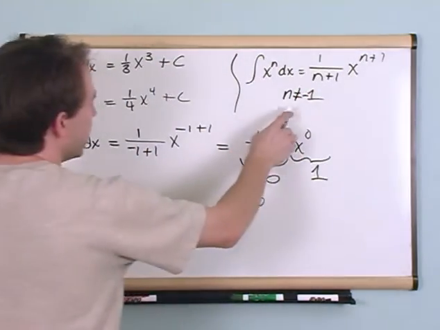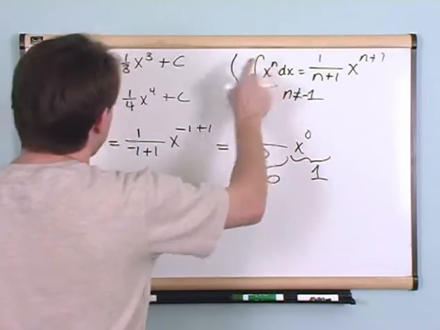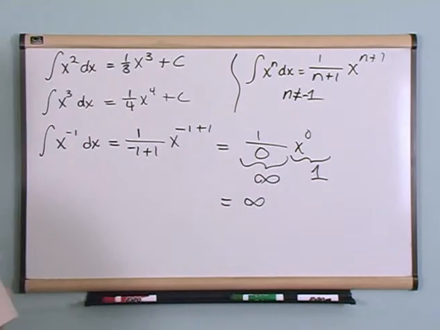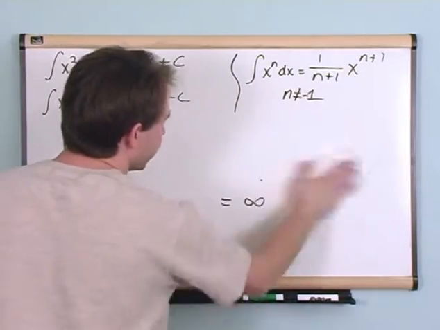This is precisely why. You can't do this integral when you have a minus 1 up here, because if you try to apply it, you're just going to get some nonsense answer. And this is definitely not true. So you can't do that. What you need to keep in mind is that when you have x to the minus 1 here, this isn't going to work at all.